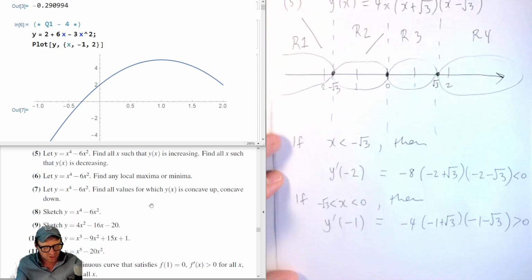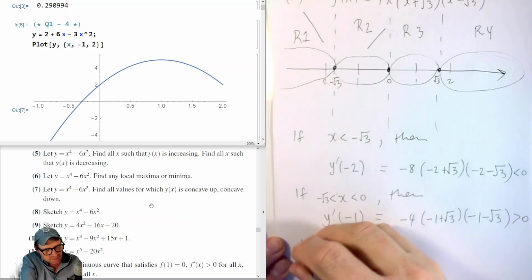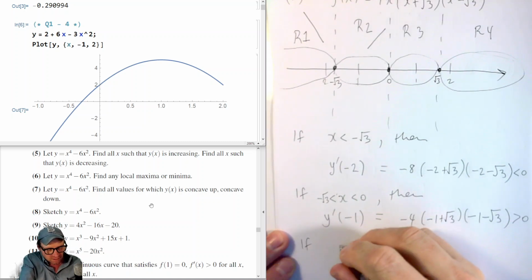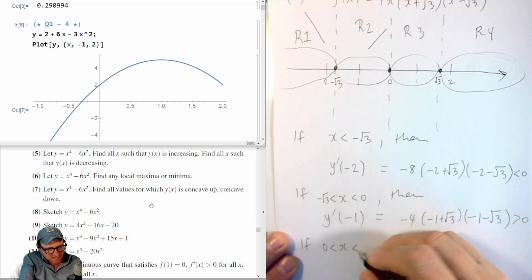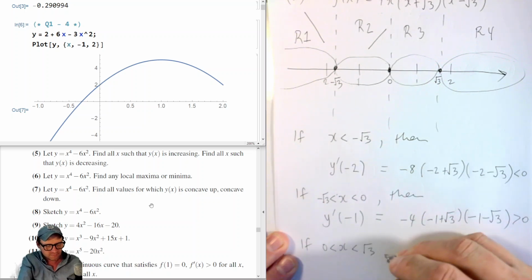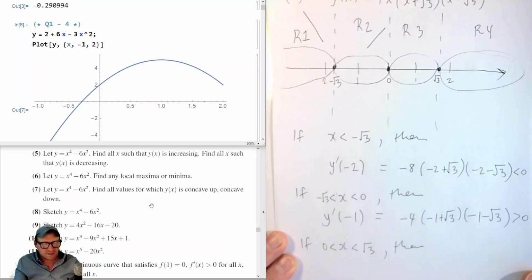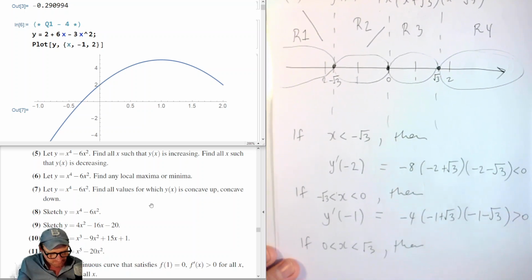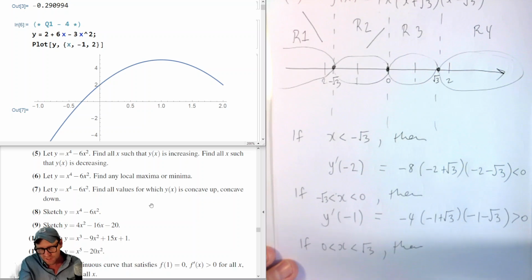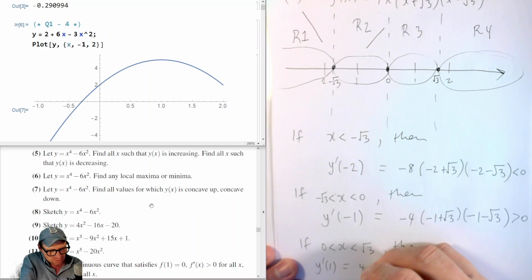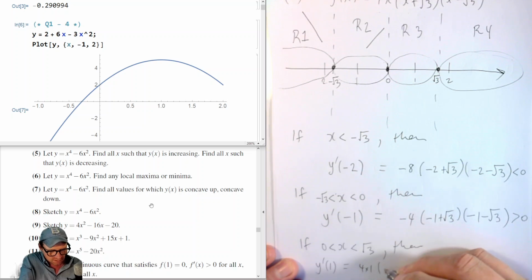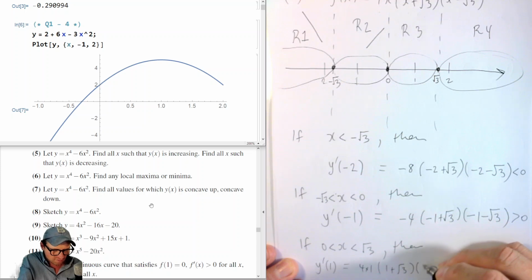And so in region 2, we have a positive slope. Now in region 3, we're going to get a negative slope. So we'll say if x is greater than 0 but less than root 3, then, just subbing in a number, let's take 1. y dash of 1 is equal to 4 times 1, and we have 1 plus root 3, and then 1 minus root 3.